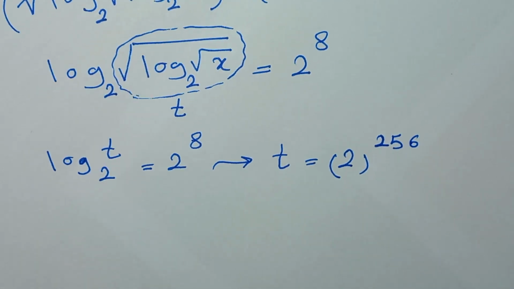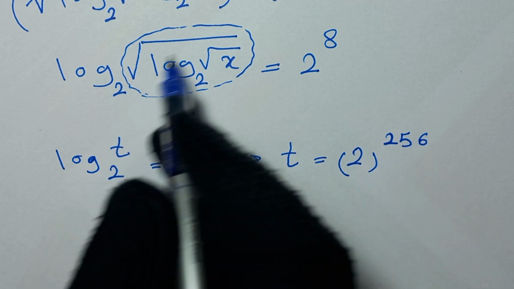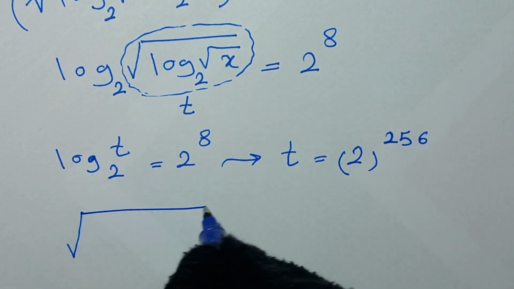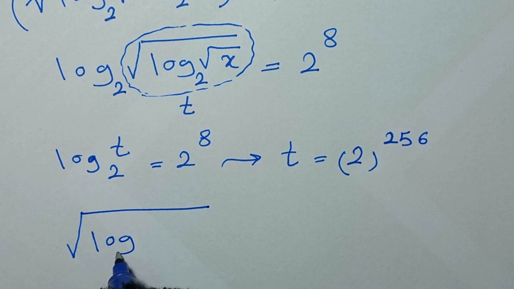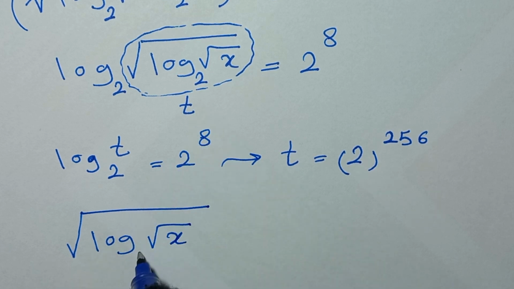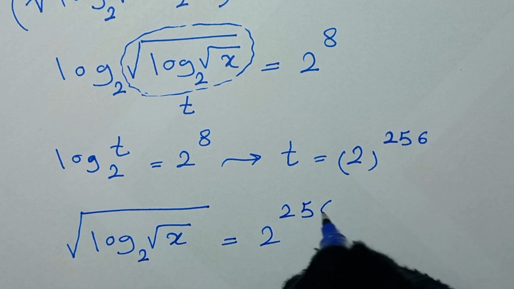So we write t is 2 to the power of 256. And here we let this be t, so we write square root of log of square root of x to base 2 is equal to 2 to the power of 256.